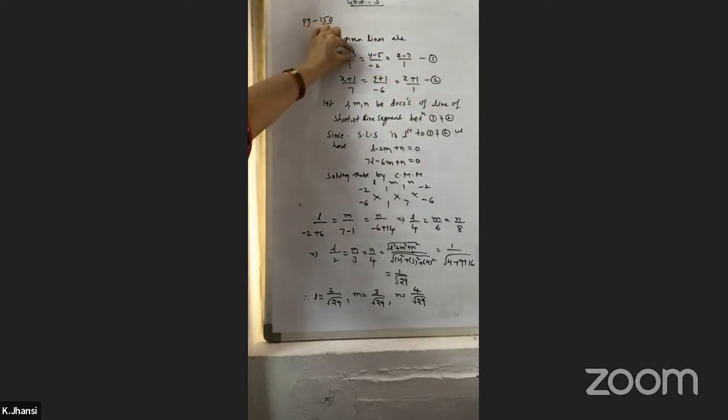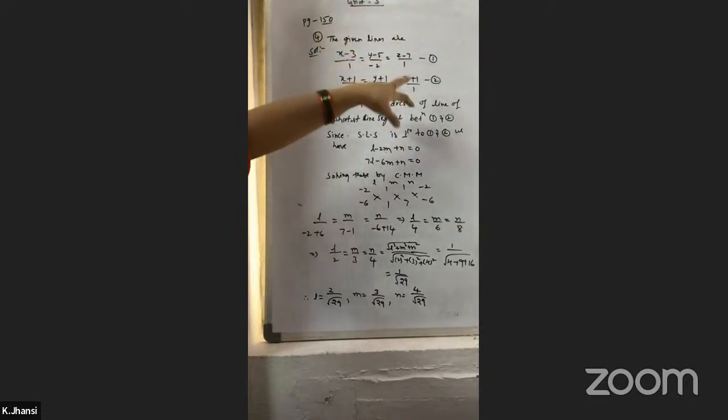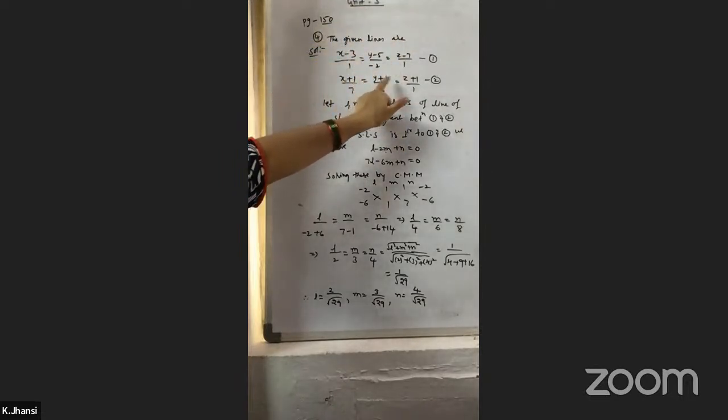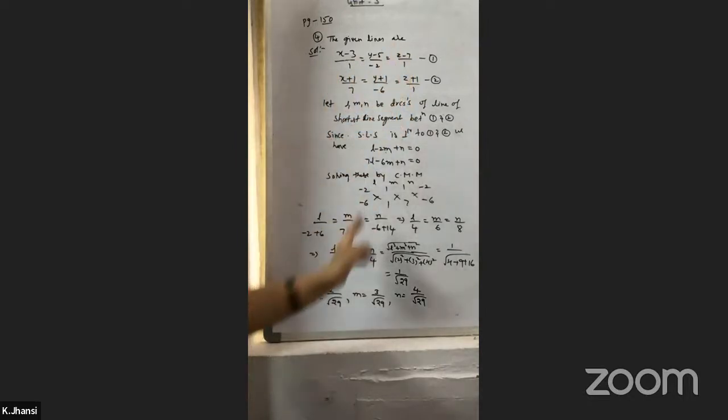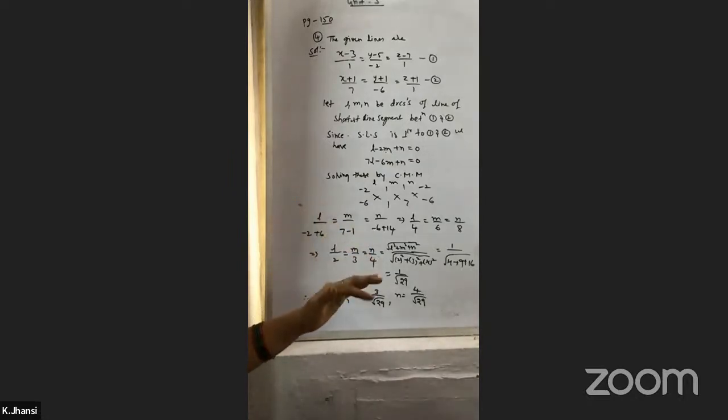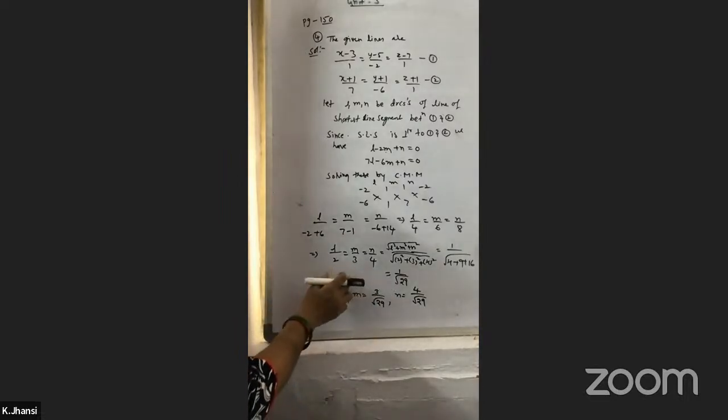So whatever these points are, that is (3, 5, 7), that is x1, y1, z1, and (−1, −1, −1), these are x2, y2, z2. So the shortest line segment formula is l times (x1 − x2), or you can write x2 − x1, either way. If you work this out, you will get the value of the shortest line segment.